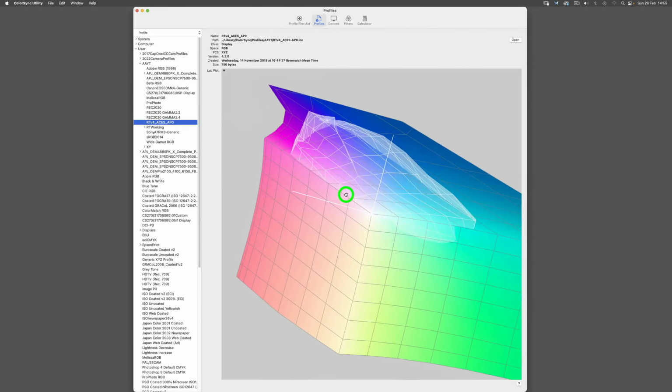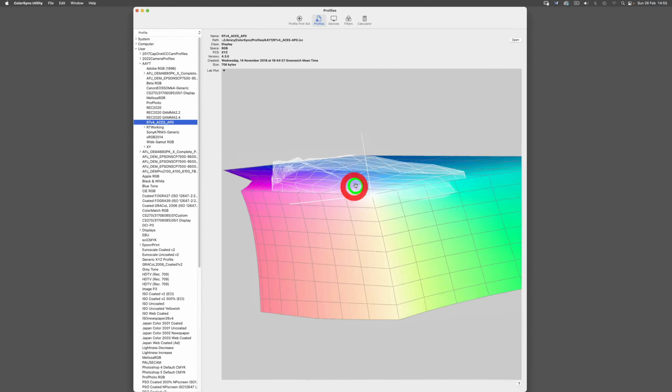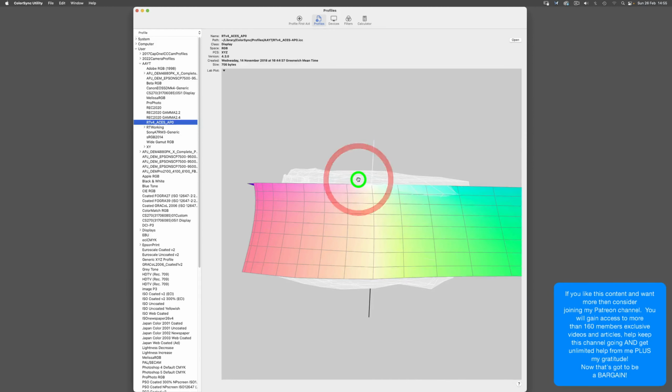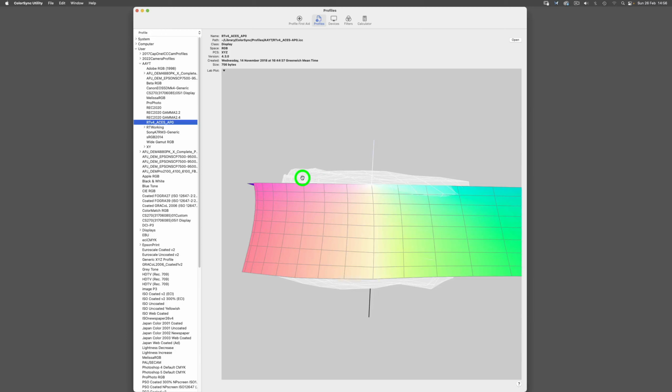An absolute monster. But you see, even that still clips colour out of, say, what is a relatively old camera now, a Canon 5D Mark IV. You can see all these blue greens and all these reddish orangey greens and yellows. They can't be contained within the ACES AP0 colour space.